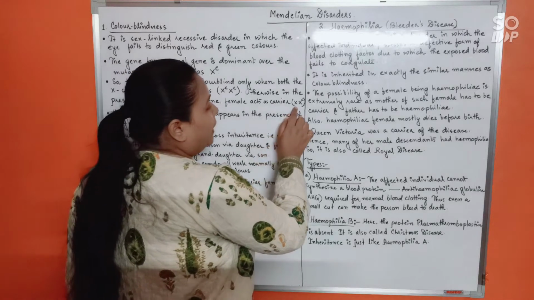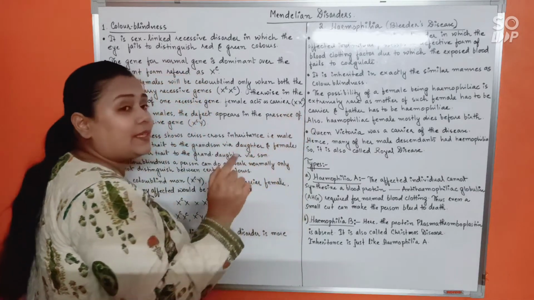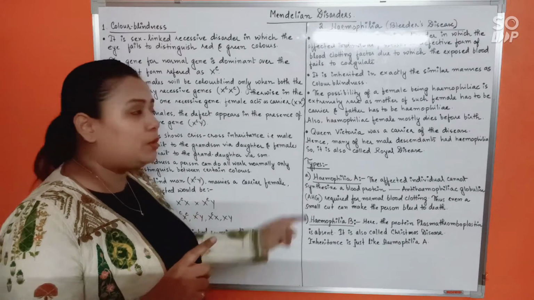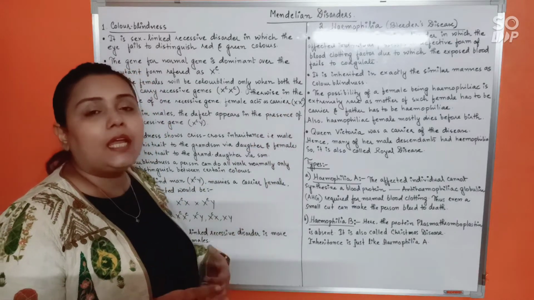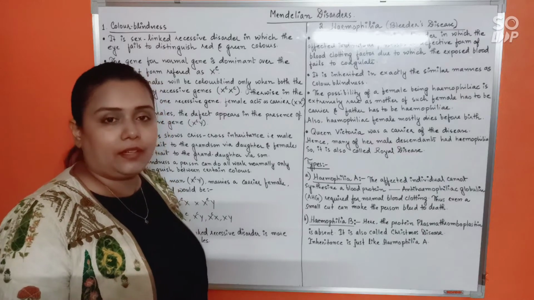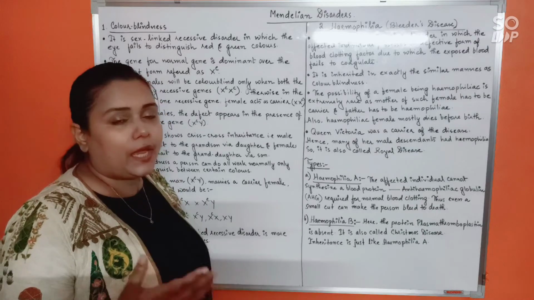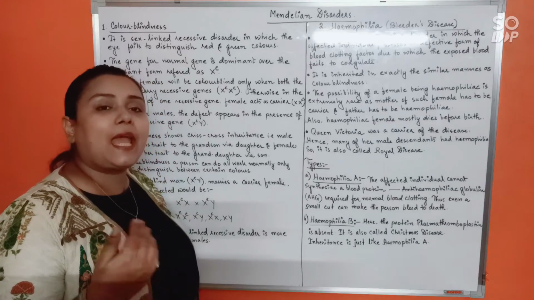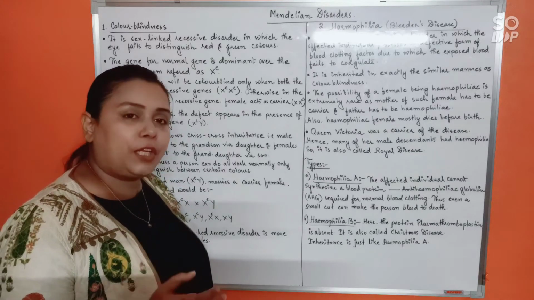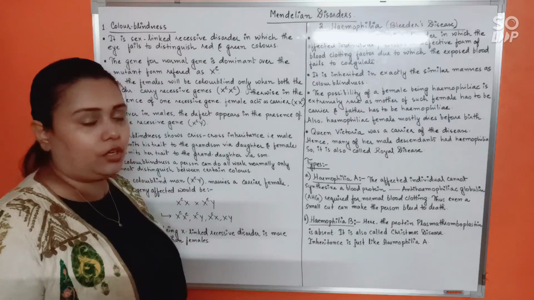So if the female has a genotype XXC, that means out of the 2 alleles, only one is mutated, the other one is normal. In such a state, the female will behave as a carrier to color blindness. Okay, she will not show any symptoms of the disease but will carry a defective allele. Alright, and so she will have the potential to pass it on to the next generation.